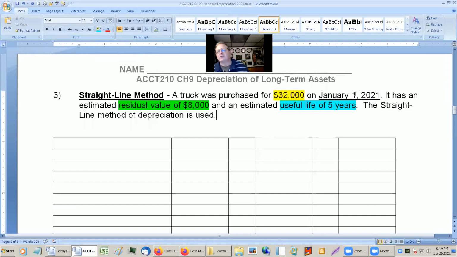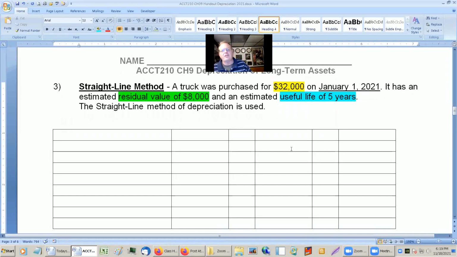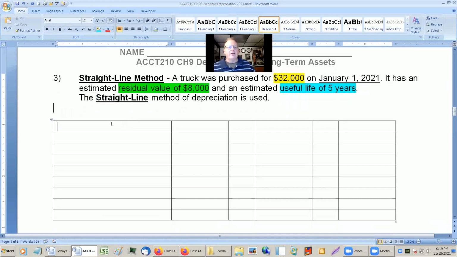The straight line method of depreciation, down on the same line. Okay, and we'll talk about why this is. So what we're going to do is figure out how much this thing is going to go down in value.